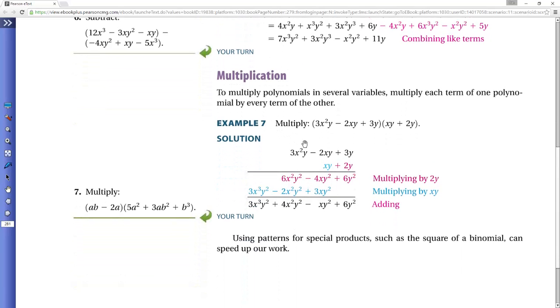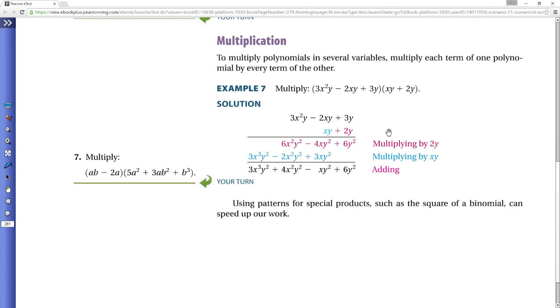Now multiplication is a really easier process. It's just using the distributive property. They show this up and down multiplication like we do on paper if you have multiple digit numbers that you're multiplying. It's the same thing. As I take this first term and I multiply it times each term, or in other words distribute, and then they take this term, distribute, they're just showing it up and down.